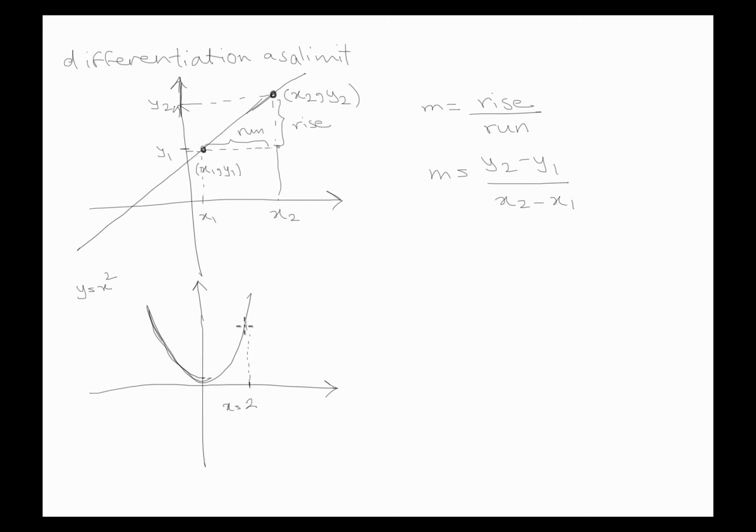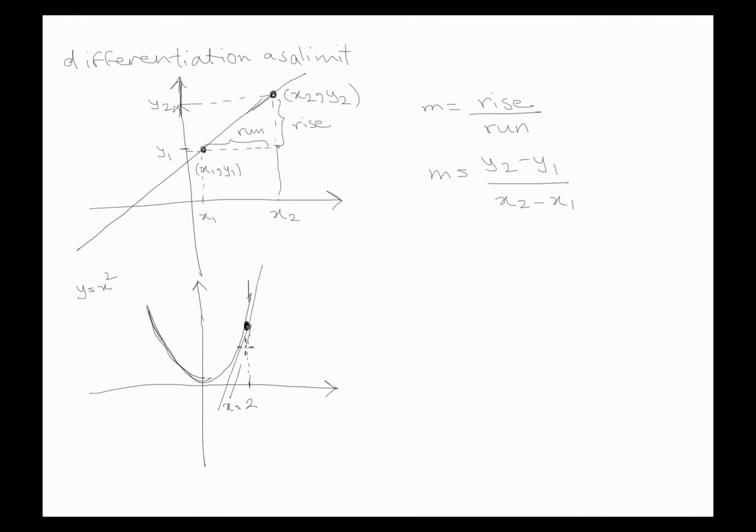What we've said before is that at that point 2, you draw a tangent to this curve, meaning you draw a line that only cuts through your curve at one point. So it's only going through your curve at one point. We'll just get rid of this other line.